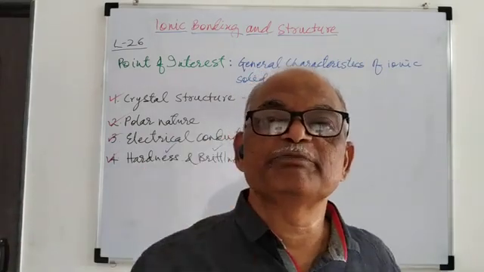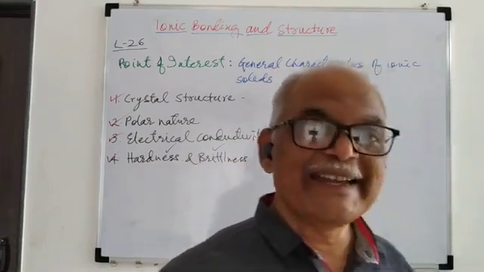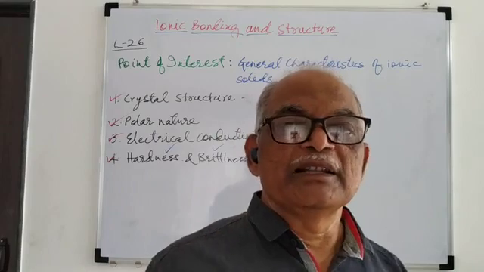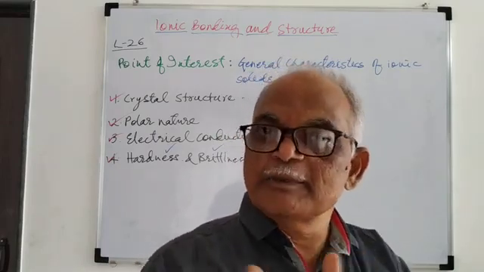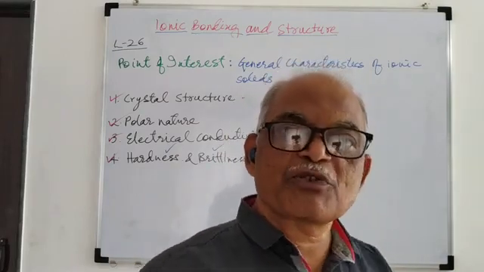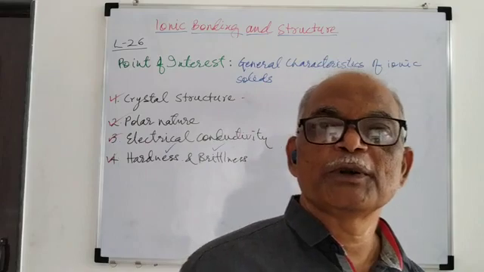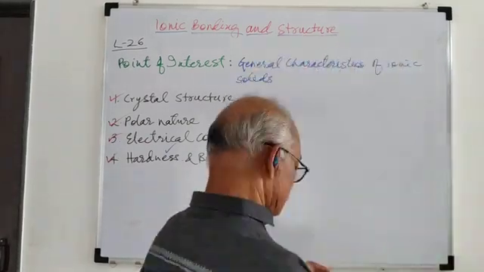So it is called brittle. Why does it break? Because the ions lying on the surface of this broken edge are separated from each other, which were very strongly packed before breaking the solid. We can explain this in this way.